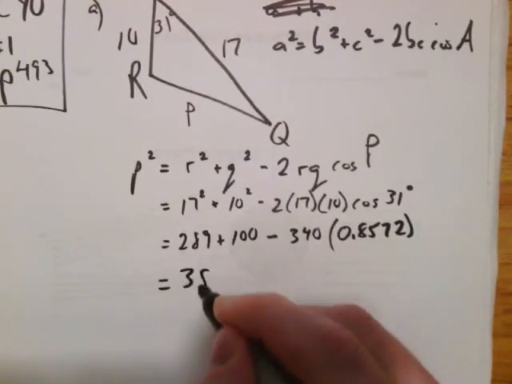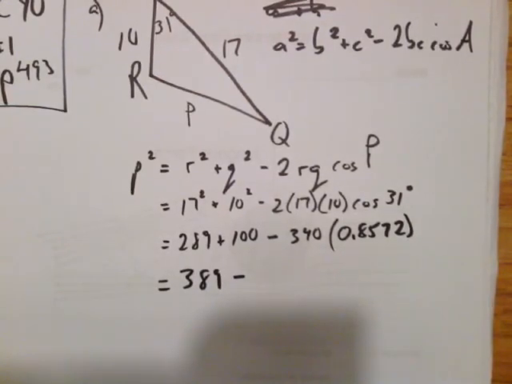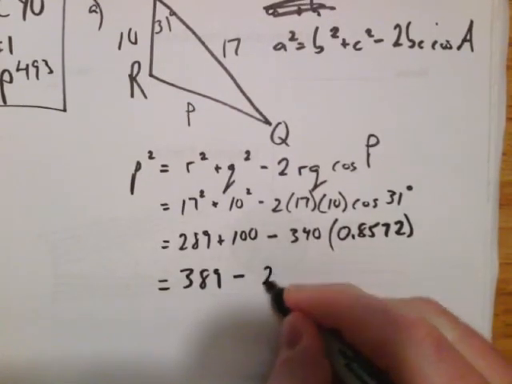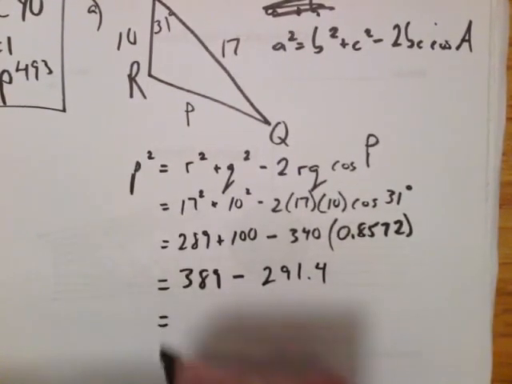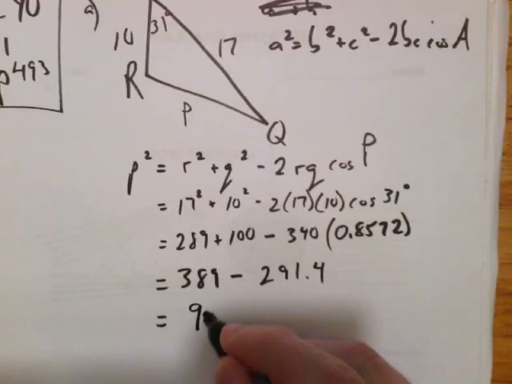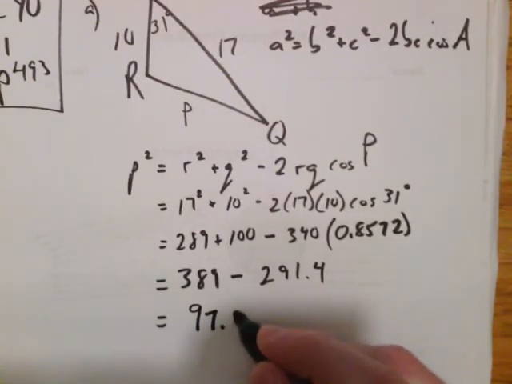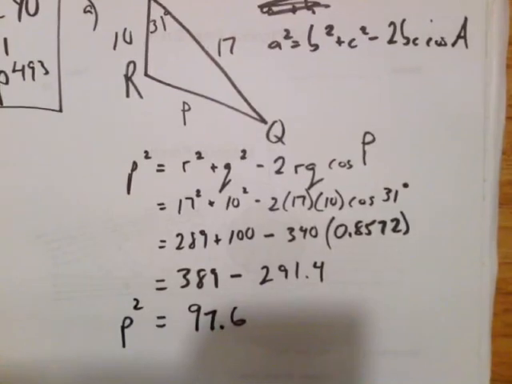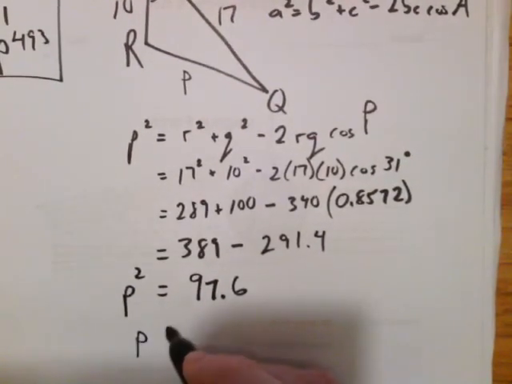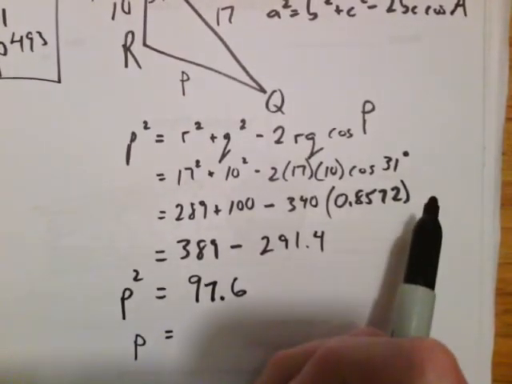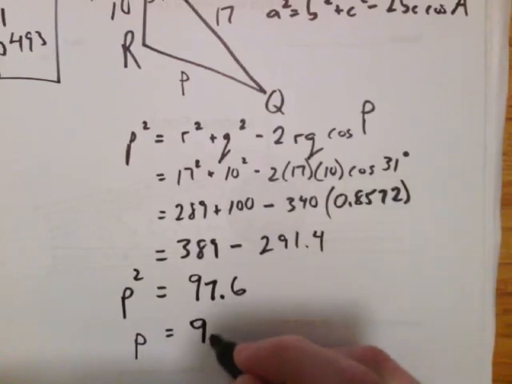So this equals 389 minus 340 times that, which is 291.4. 389 minus 291.4 is 97.6. That's what P squared is. Take the root of both sides and we've got 9.9 or 10. What does it want? Nearest tenth of a centimeter, so it's 9.9 centimeters.